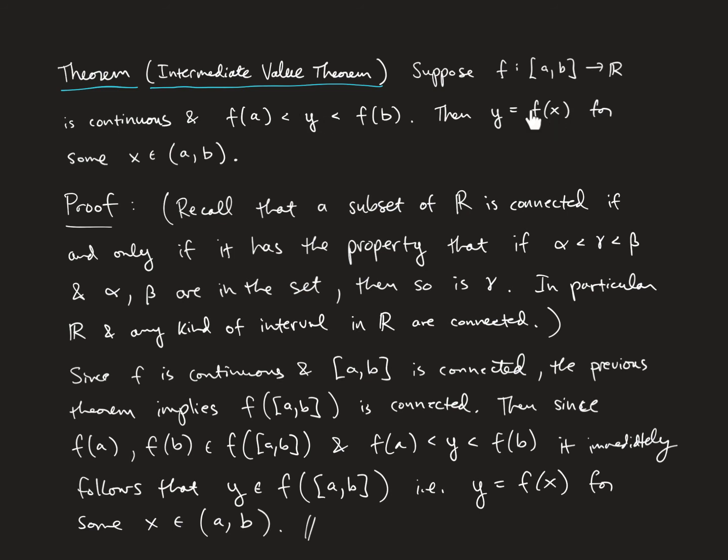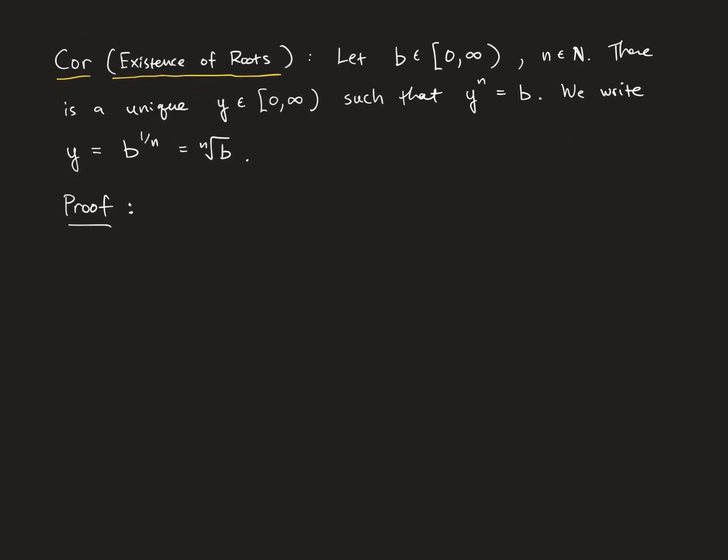So the thing you started with is in the image of this function. So what we want is to show that this b is in the image of the nth power function, right? So what we're going to do is just consider that nth power function.